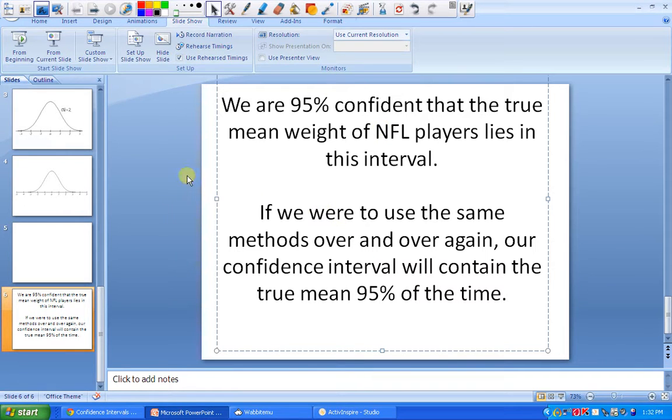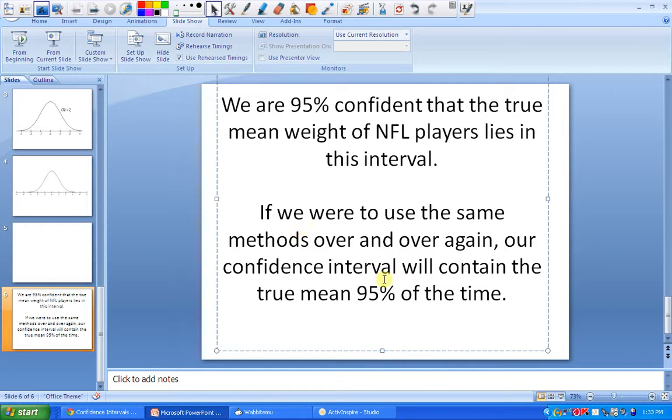So what is that? That goes back to what we were looking at in the beginning. If you took another sample of 100 NFL players, you probably wouldn't get 255. You might get 254, you might get 258, you might get 260.